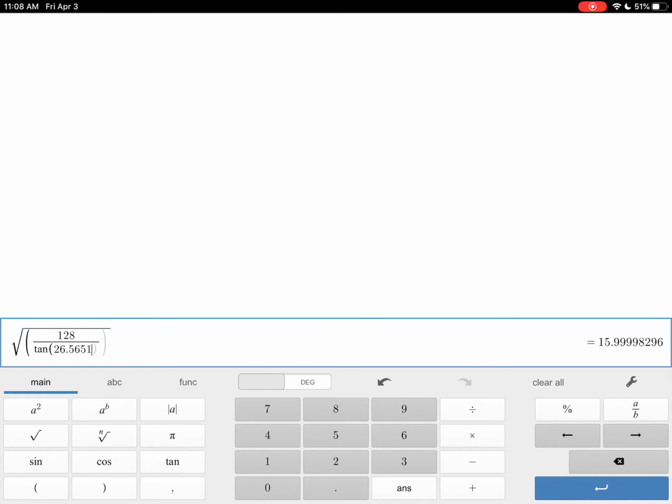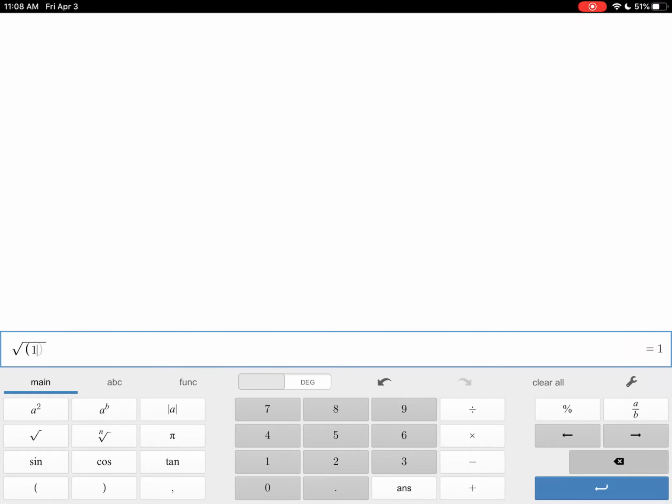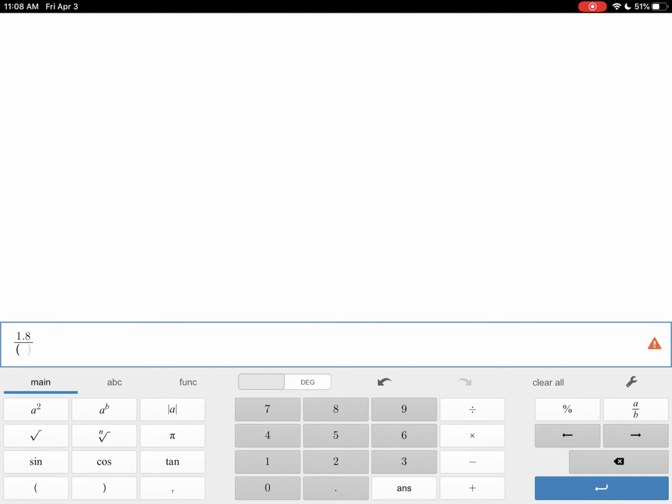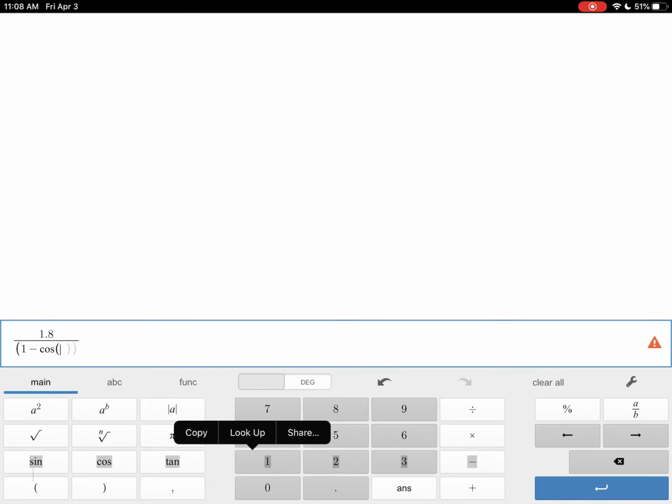I've got 1.8 divided by bracket 1 minus cos 65 and bracket. And I get the answer of 3.1175.